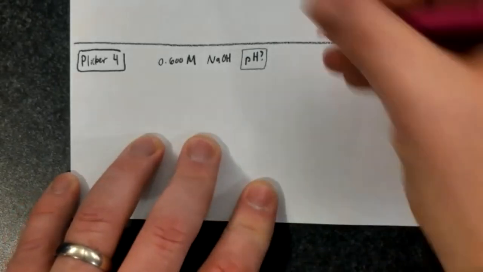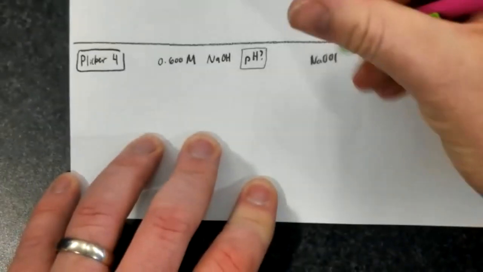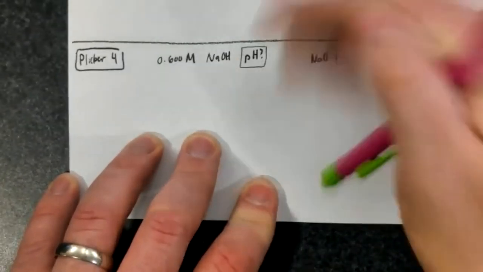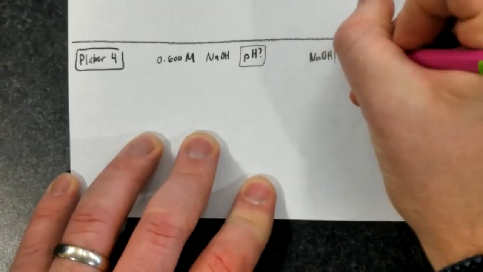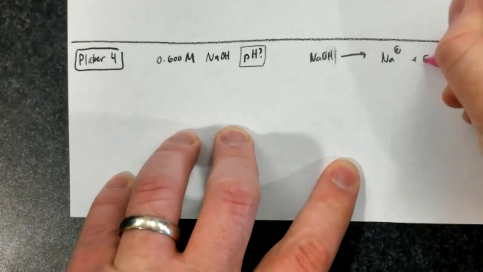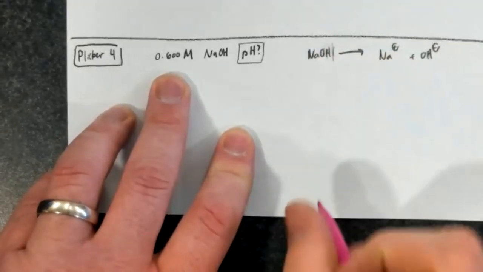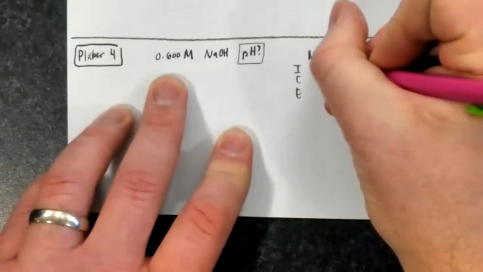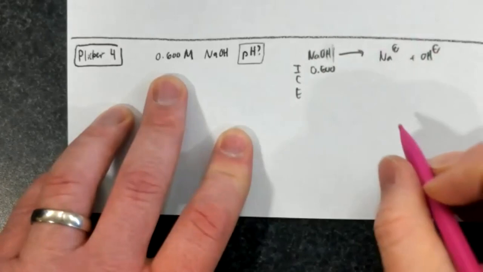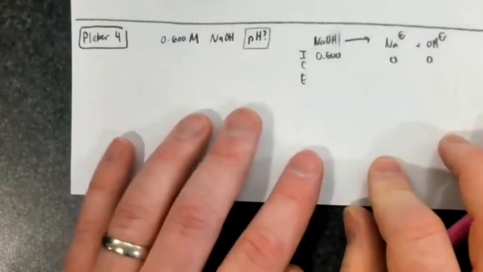So again, if we're thinking about sodium hydroxide, all of the sodium hydroxide gets converted into its corresponding ions. That's what we mean essentially by it being a strong base. If we think about this through the language of an ice table, I have 0.6 molar sodium hydroxide and essentially nothing as I begin the mixing process.